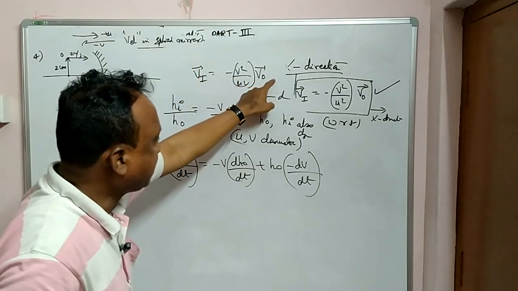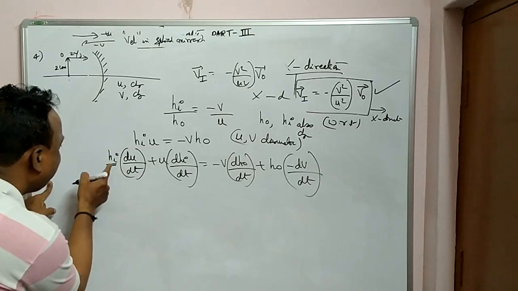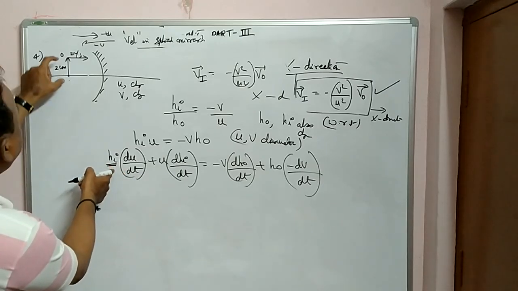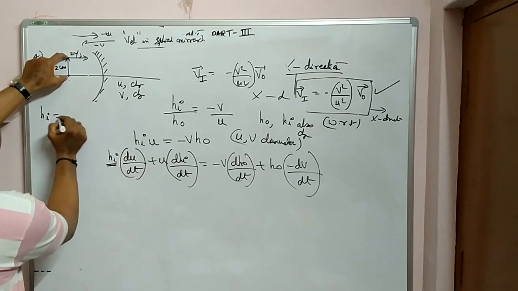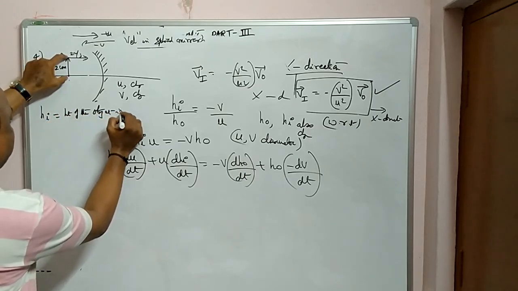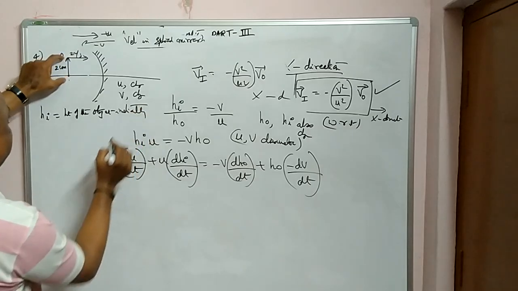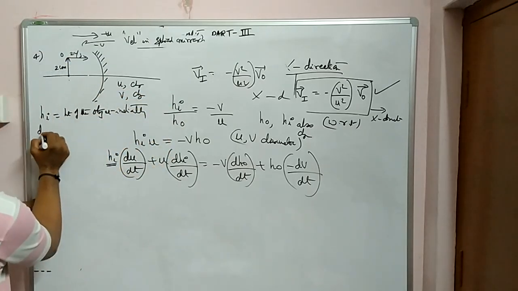You have to use the x direction formula and this one. So observe carefully here. What is Hi? The height of the object initially, 2 centimeters or 3 centimeters, that value. What is du by dt?